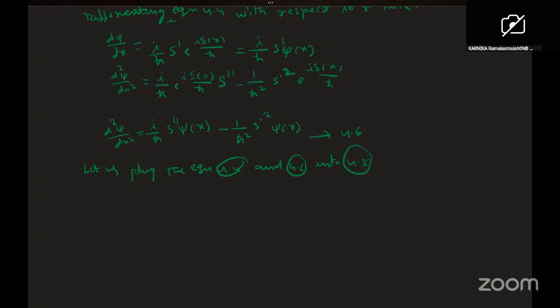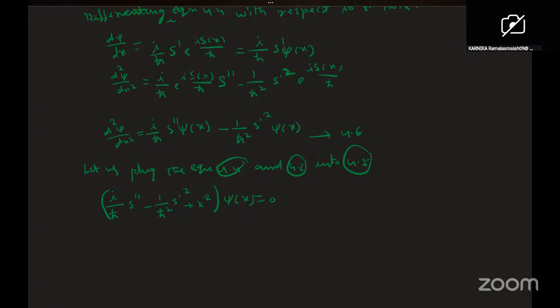Finally, simplify the equation: i by h cut s double dash minus 1 by h cut square s dash square plus k square psi of x is equal to 0.